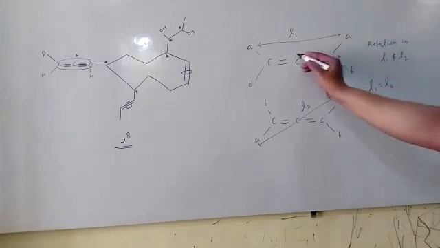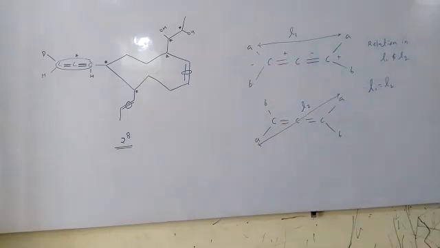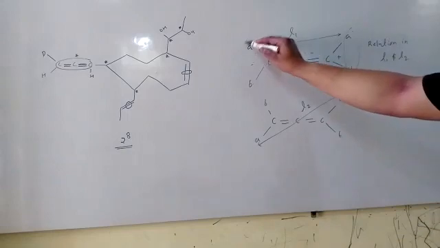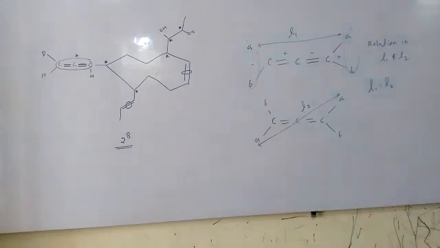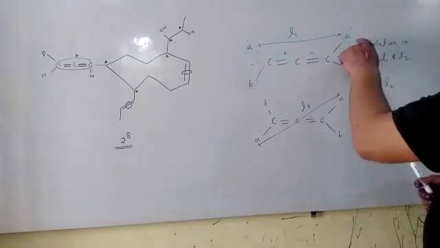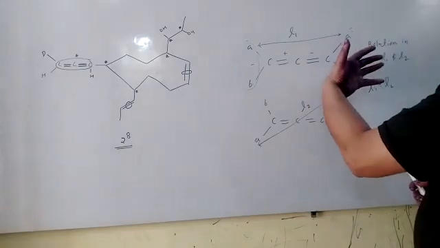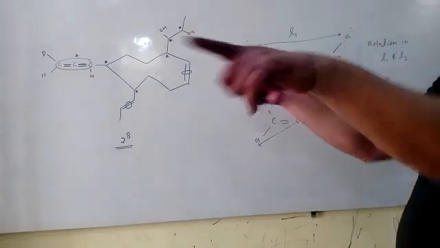Positive, negative, positive, negative. So these two valencies will be perpendicular to these two valencies. So basically, if A and B are in the plane of the board, then this will be perpendicular.